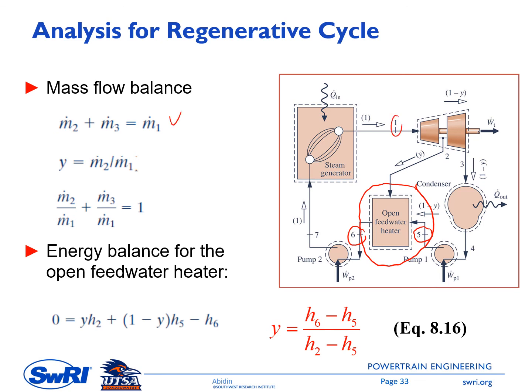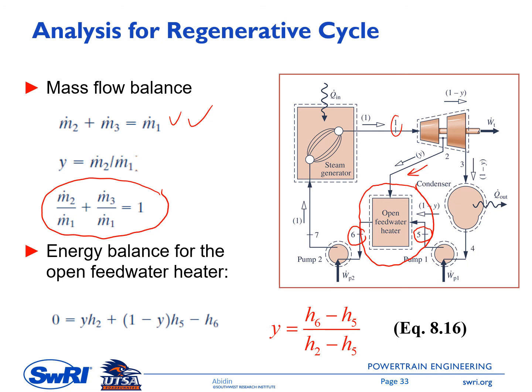So m2 plus m3 equals m1. Y is the amount of the extracted steam going to the feed water heater, therefore y is m2 over m1. If you divide each term in this formula by m1, you will have this equation: m2 over m1 plus m3 over m1 equals 1.